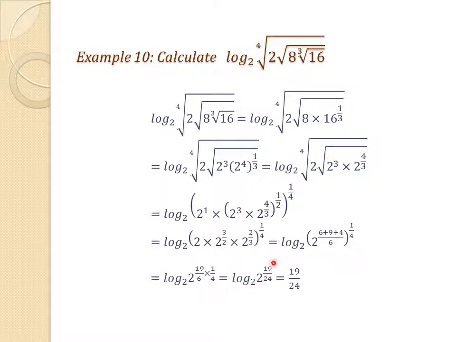And it's going to be 19 over 24. What happens now is that we get the value equal for the argument and the base. They are now equal. So then all this one equals 1 as a property of logarithms, and the final answer is 19 over 24.